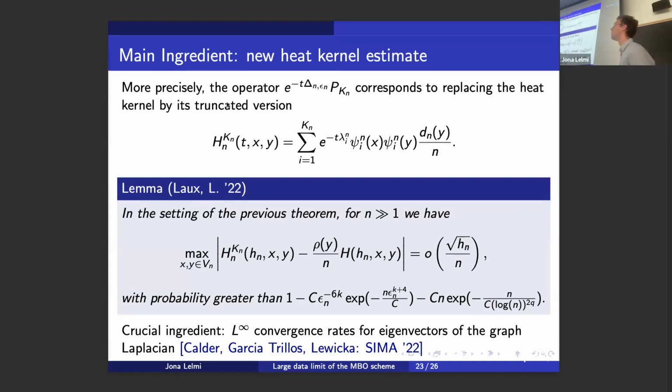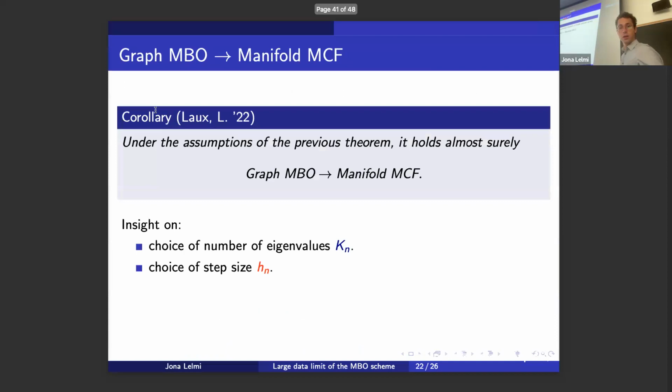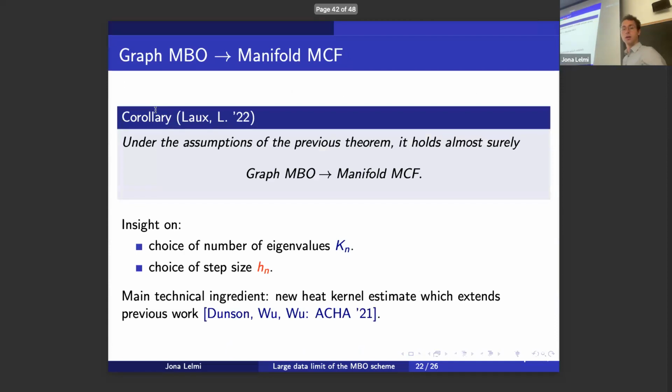In one of your slides on the dynamics, you had a comment that your analysis can help you choose or determine the constant, Hn, and also the number of eigenvalues. Do you use it in practice?